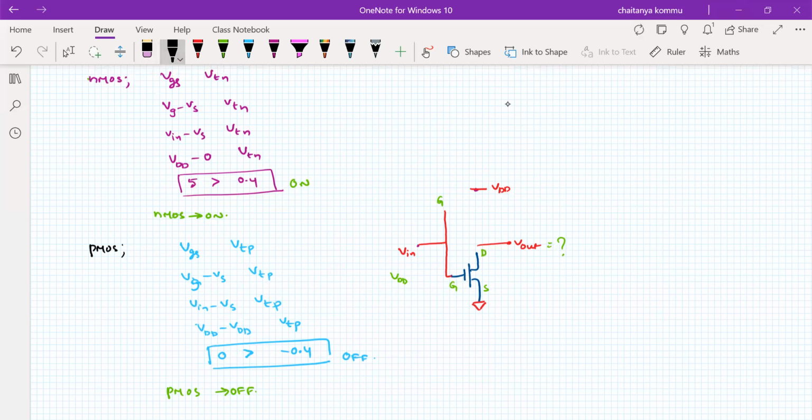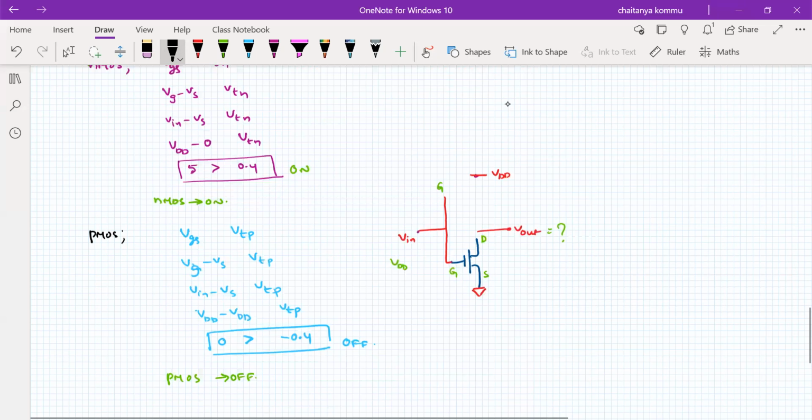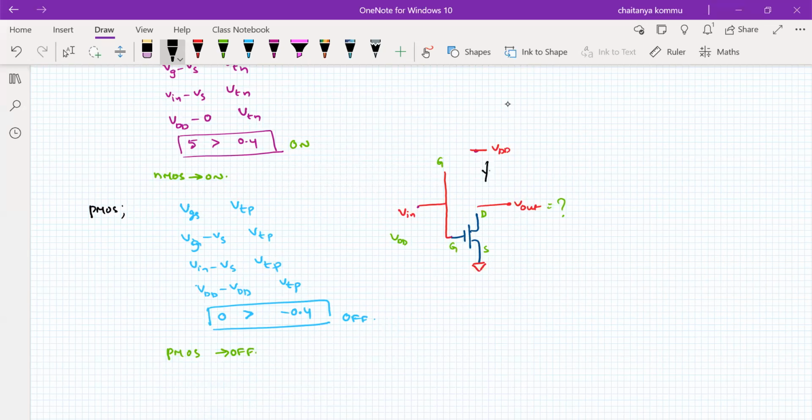Now, what is the output value that I will get here? IDSP is equal to 0, which in turn makes IDSN equal to 0, which makes VDS of this NMOS transistor 0, which means that VD is equal to VS. What is VD for the NMOS transistor?